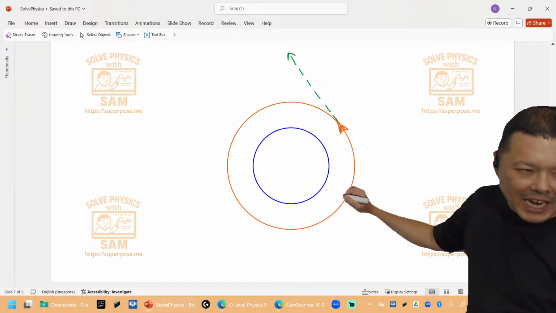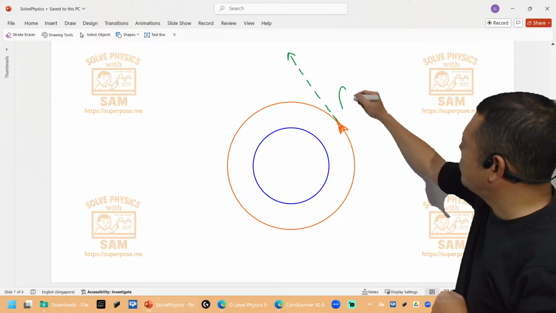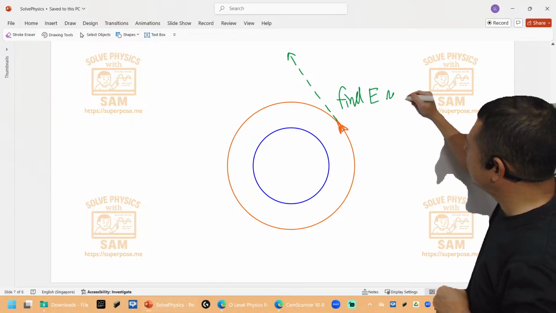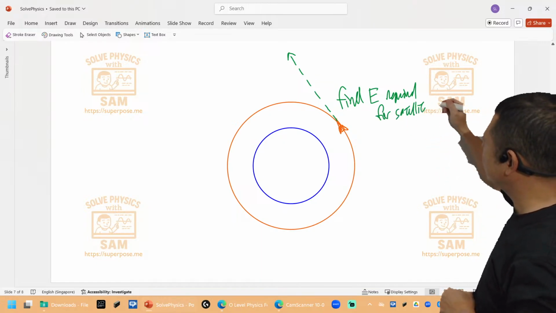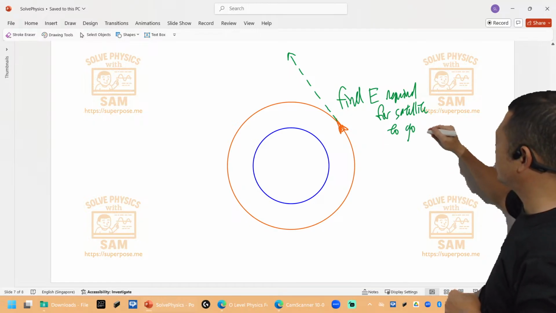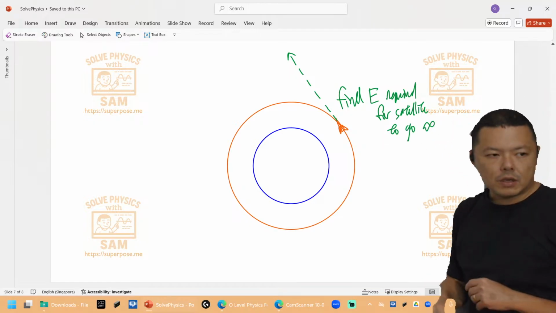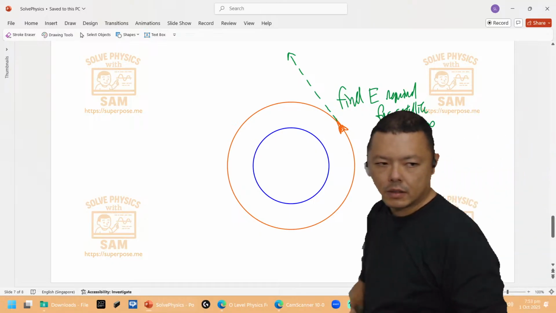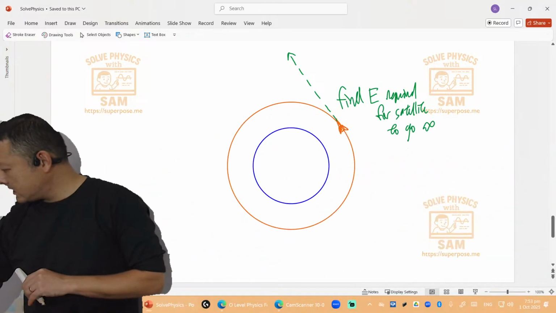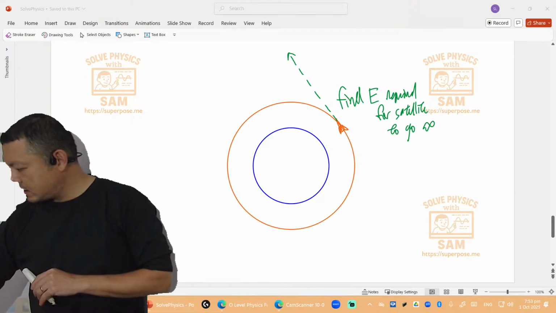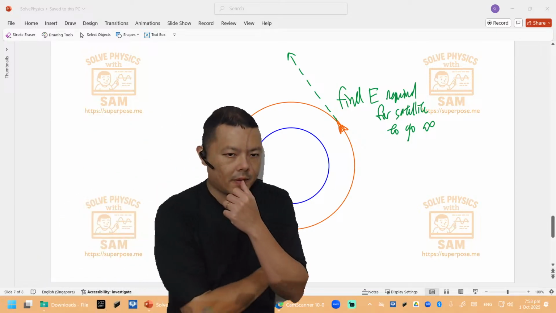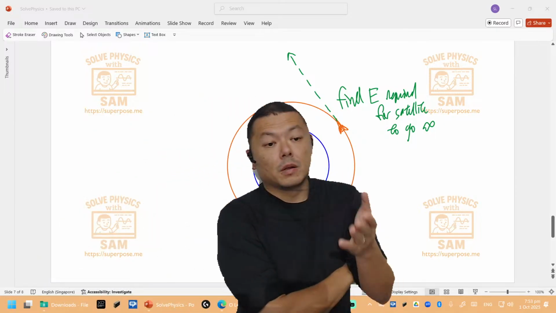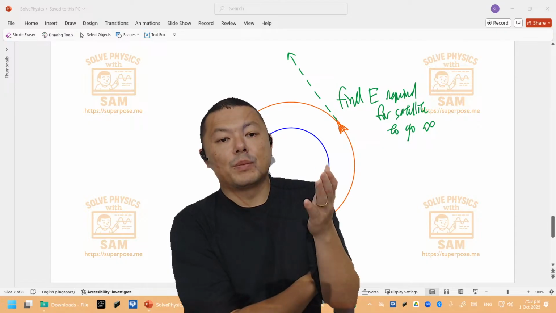How do I find out how much energy it needs? Find the energy required for the satellite to go to infinity. Basically you're looking for total energy.